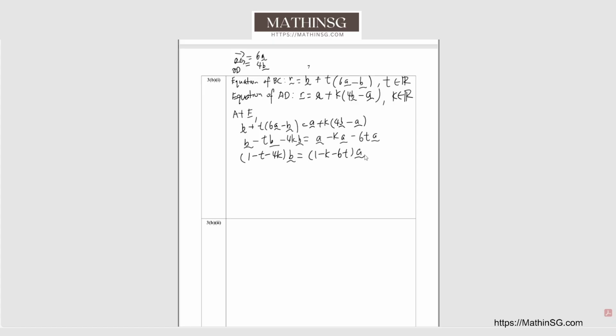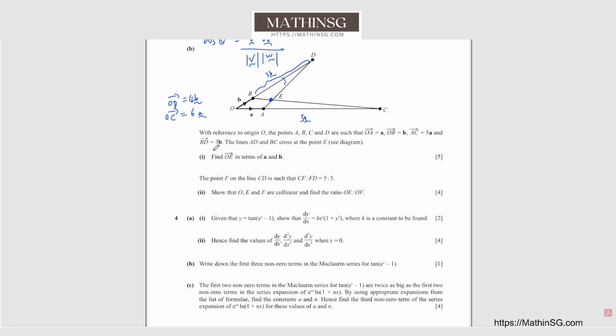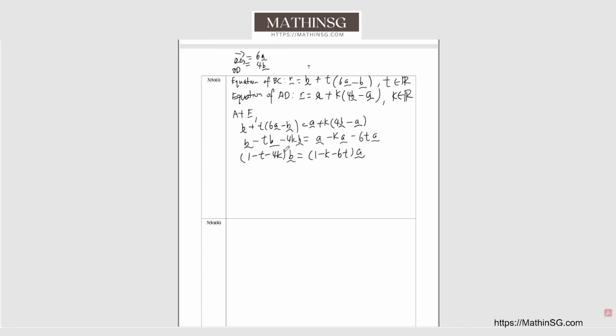Okay, so now let's take a look. Is vector a and b parallel? No. Vector a and b are non-parallel, and they are non-zero. So in order for two non-parallel vectors to be equal to each other, these two constants must be 0, because there's no way b and a can be equal to each other when they are not parallel.